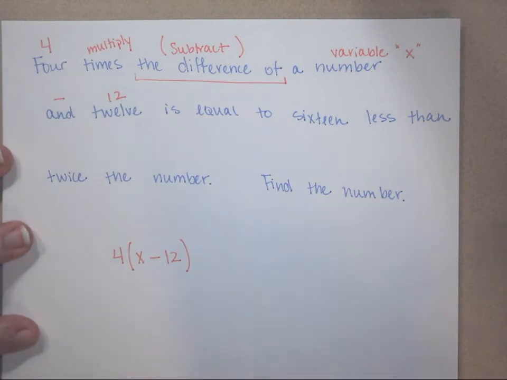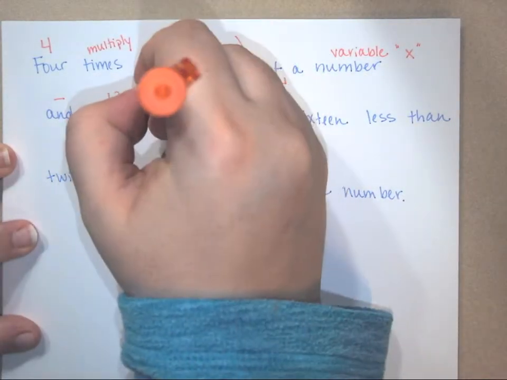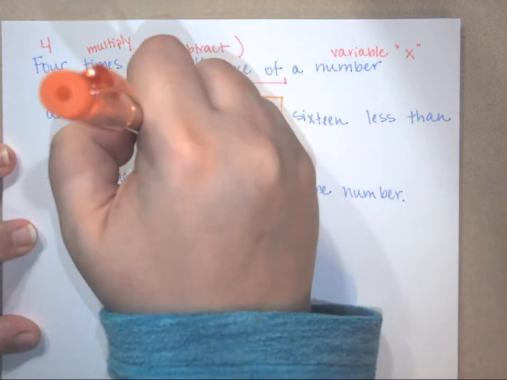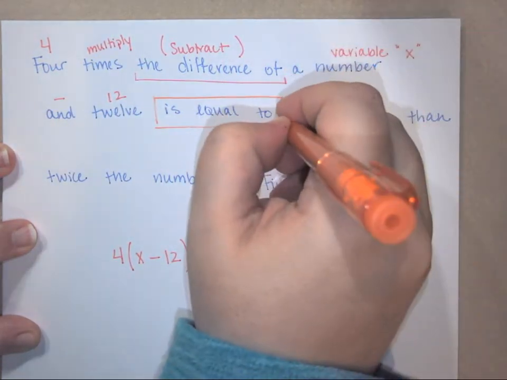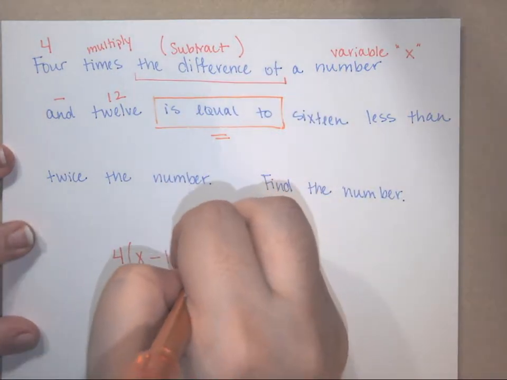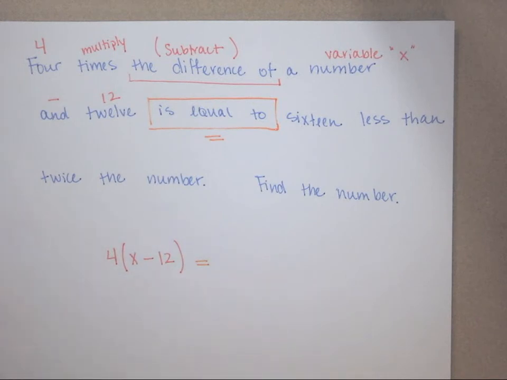Okay. Now this next piece is pretty simple. Right here we have is equal to. So this is your equal sign. Okay, so that denotes that you are done with the one side of your equation and you can move on to the next.